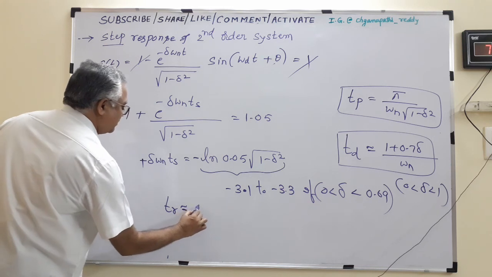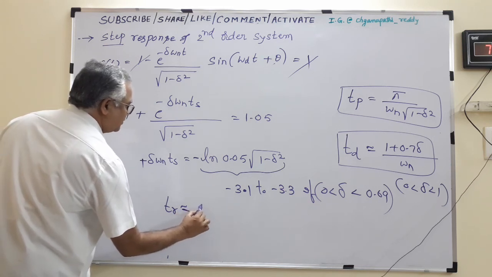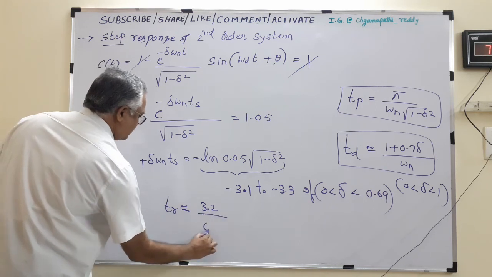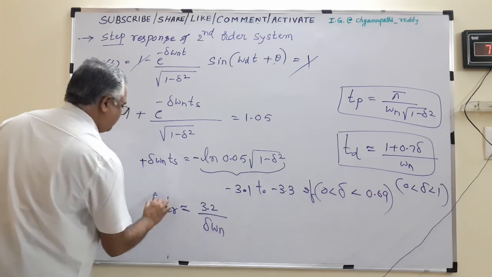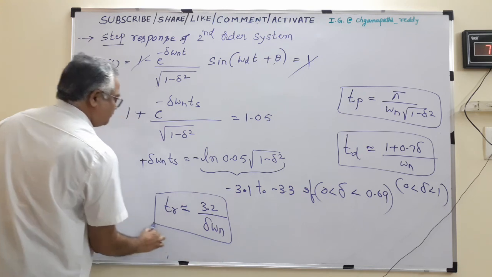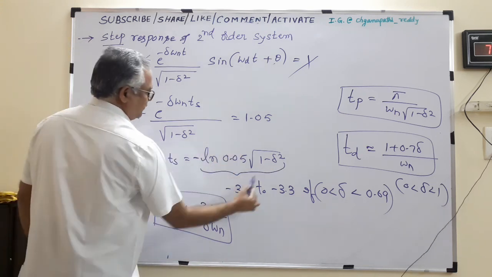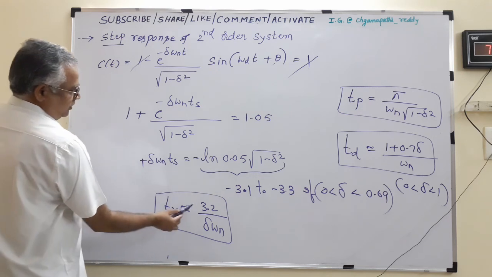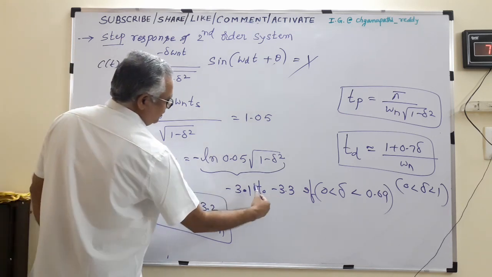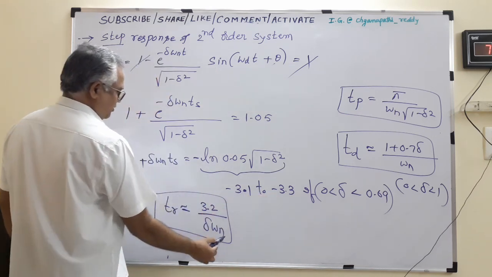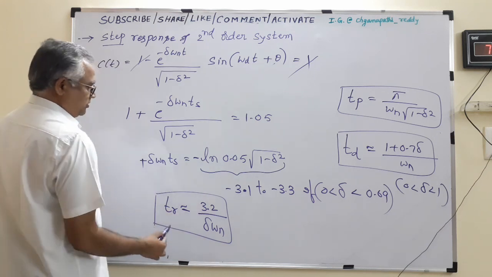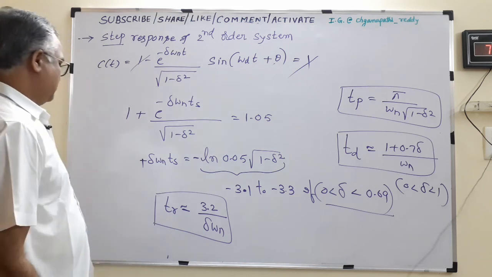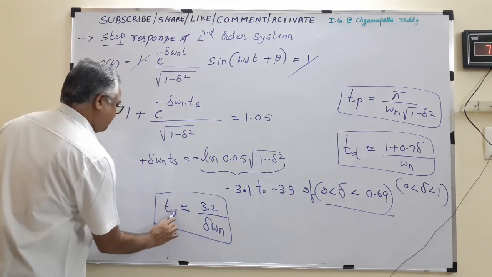Approximately 3.2 by delta omega n. So only this value is negative, negative, negative, positive. So Ts is 3.1 to 3.3, in between is 3.2 by delta omega n. Use this approximation formula under this condition. So this is the settling time formula.